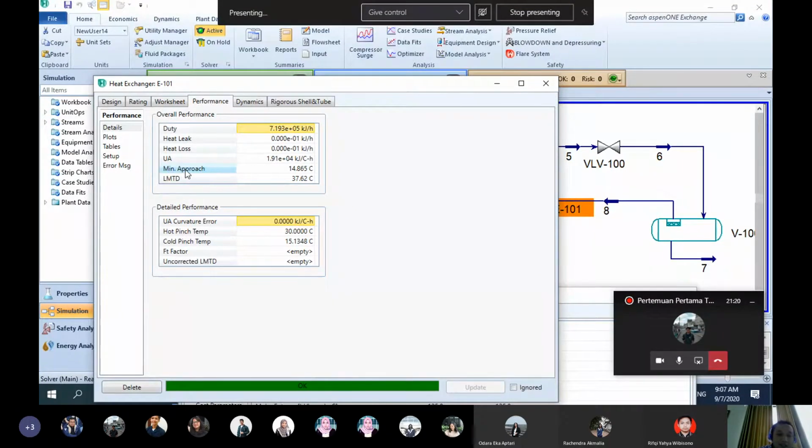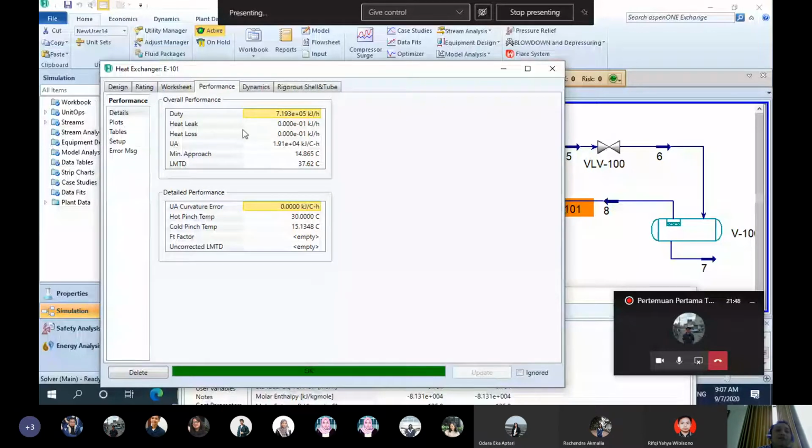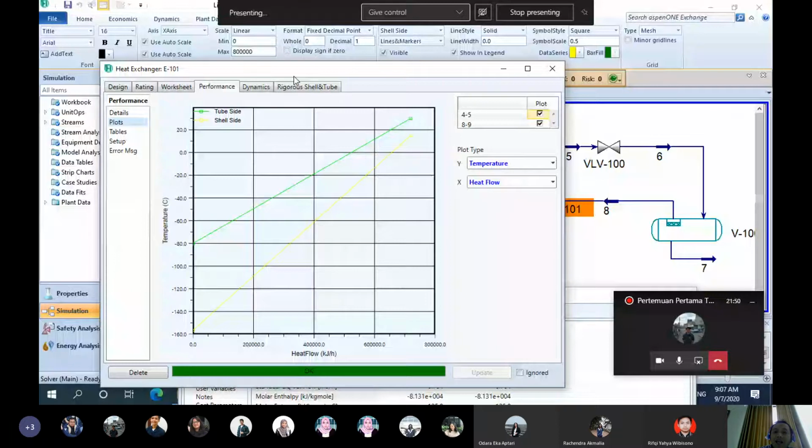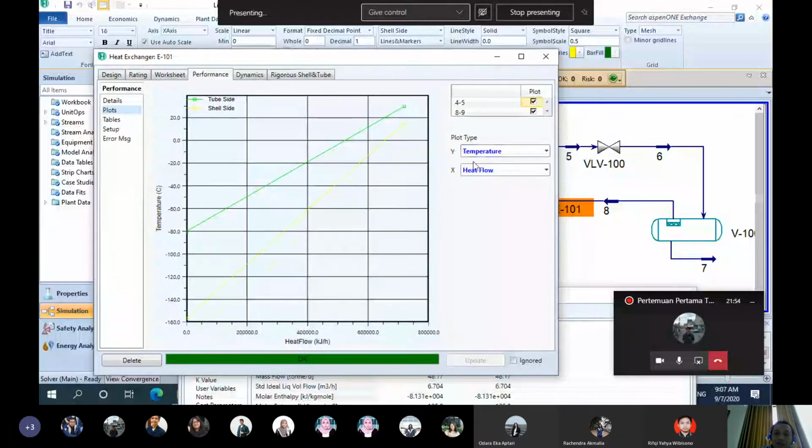Here you can see that based on the current condition, the minimum approach is around 14.8 or 15 degrees C. It means the shortest distance between the hot curve and the cold curve is around 15 degrees C. If you would like to see the curve, you can go to plot and make a plot with temperature on the y-axis and heat flow on the x-axis.